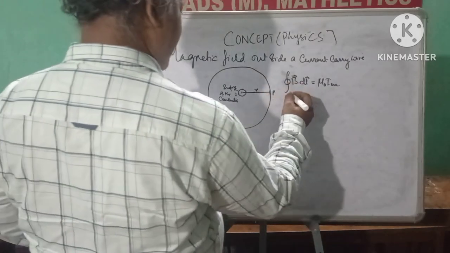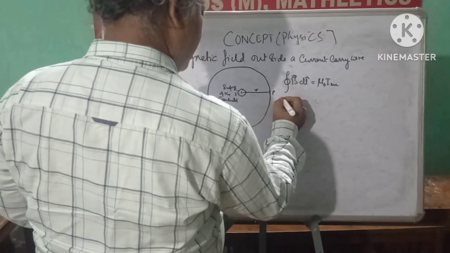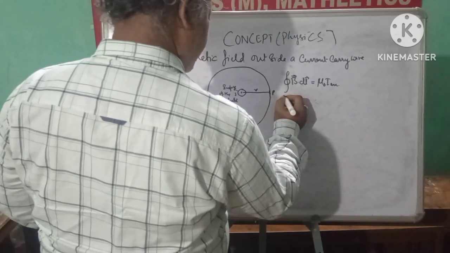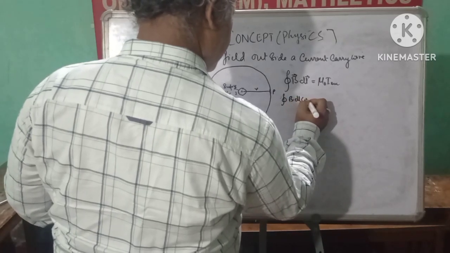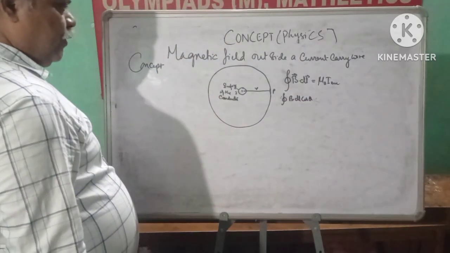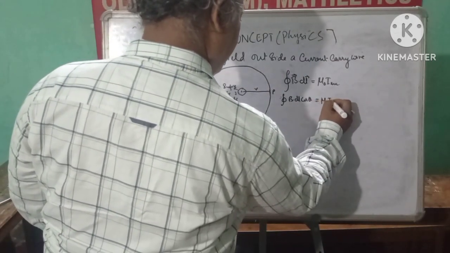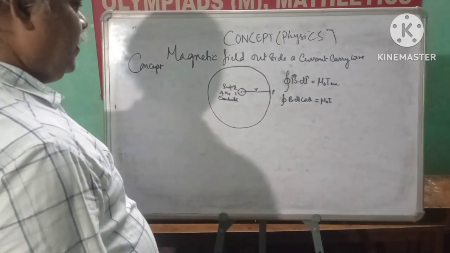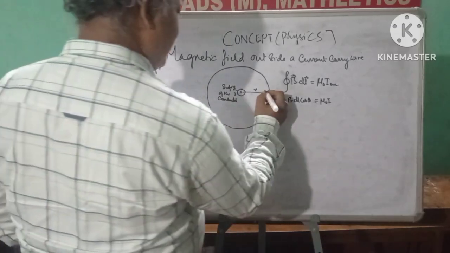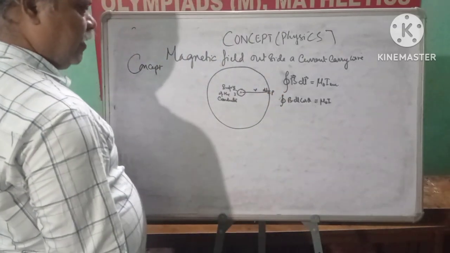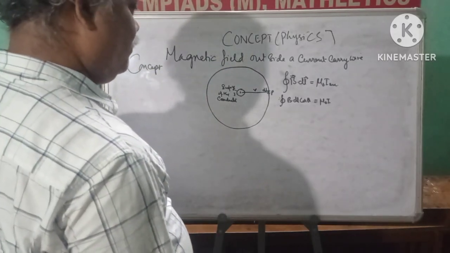So here you find that this is the cyclic integral of B dl cos theta, and that is equal to mu naught I. The current enclosed is I. Now let us take a small element dl.